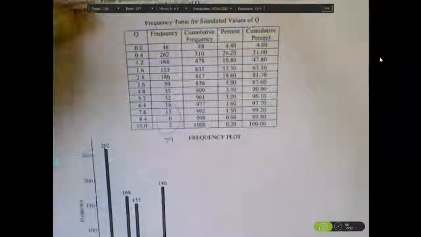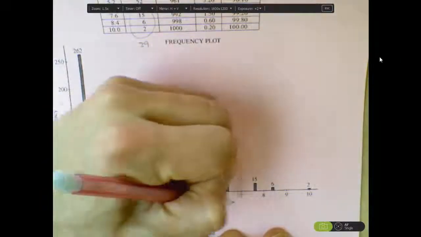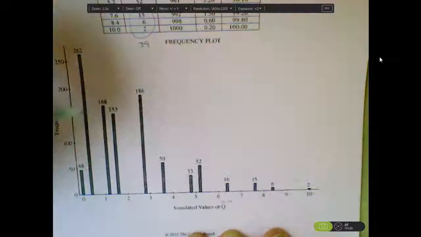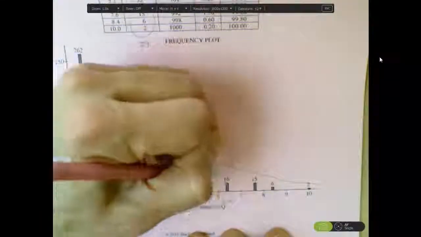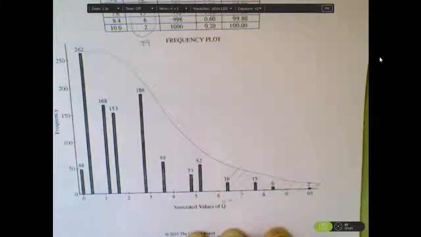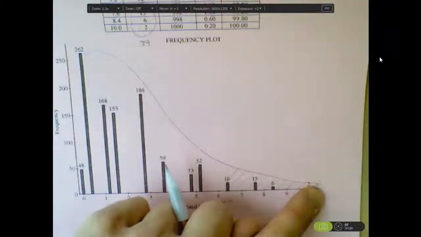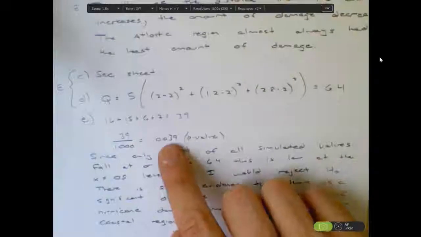If you think about this as a distribution here, okay, this is my test statistic, 6.4. If I have a distribution, it'd kind of be like chi-squared, skewed to the right here. I'm going to be shading over here. That's where I'm getting this p-value from. That or more extreme happened 39 times out of 1,000. So that's where I'm getting that p-value.